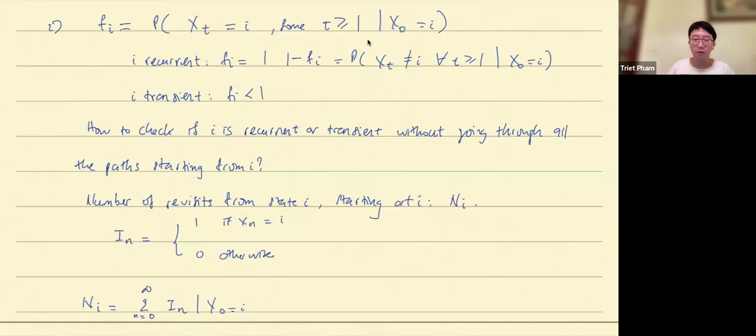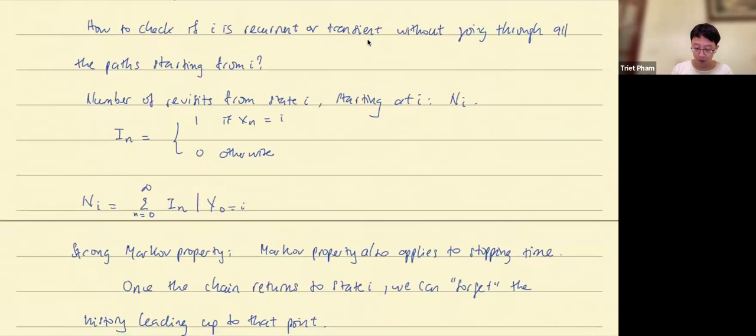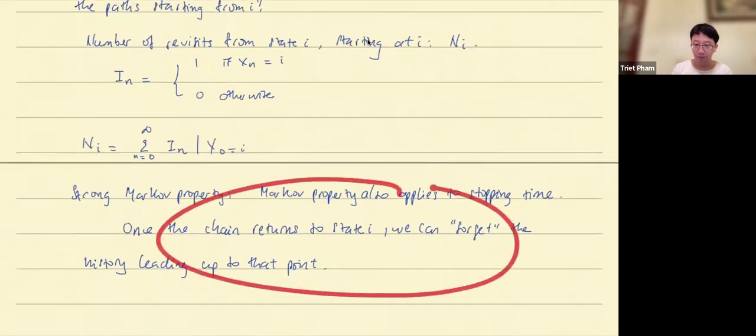But the strong Markov property says that it doesn't matter when I return to state 3. The moment I return, I will move from state 3 to other states as if I started right at state 3 at time 0. That's what it says here.